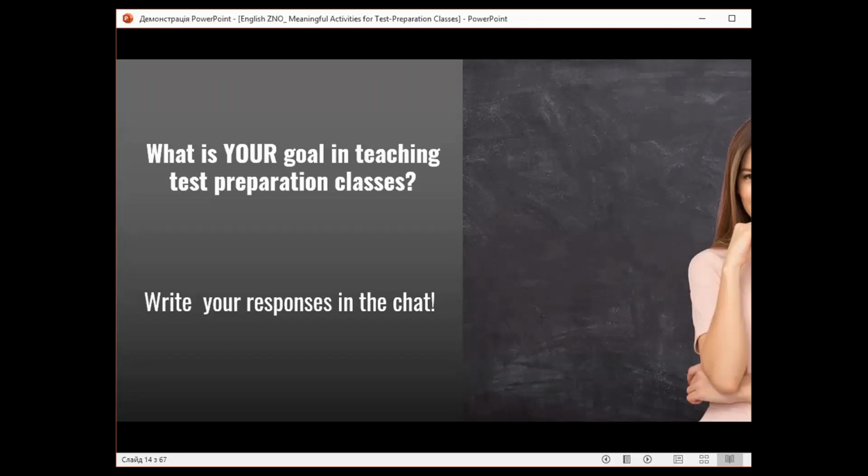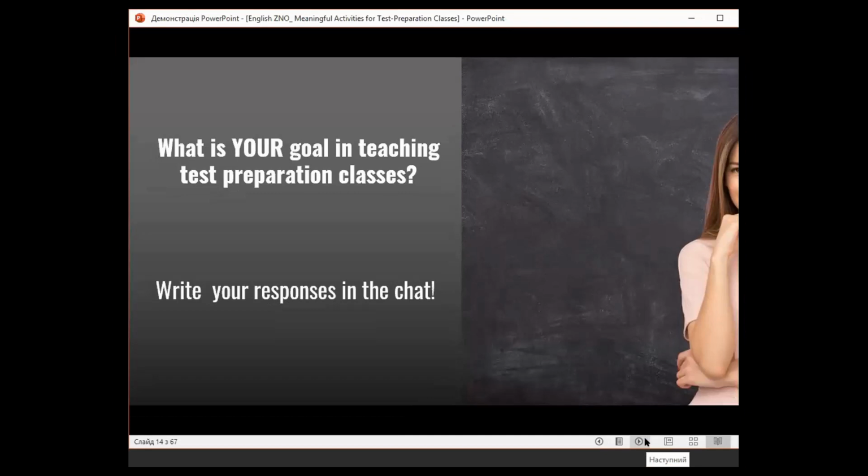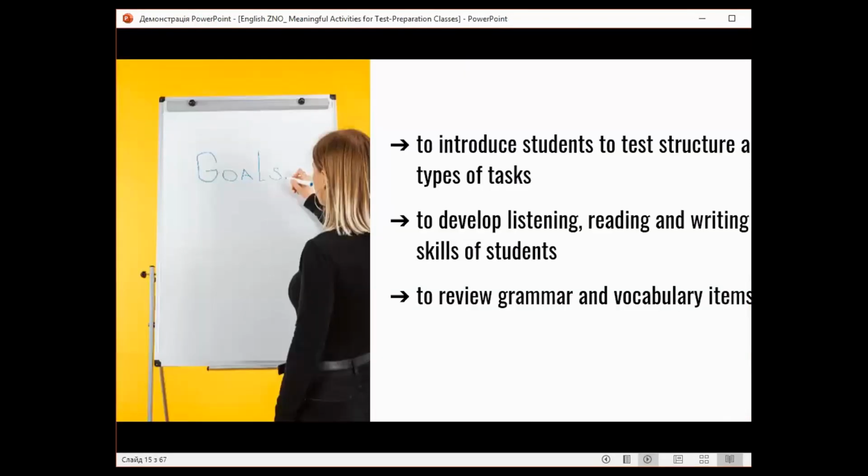Okay, my students understand the materials well, practical usage, listening, get skill in doing tests, very good. Become more confident, yes, that's very important. Revise grammar, vocabulary. Okay, any other ideas? To enrich the vocabulary, to pass a test. Okay, good. All of these are good ideas.